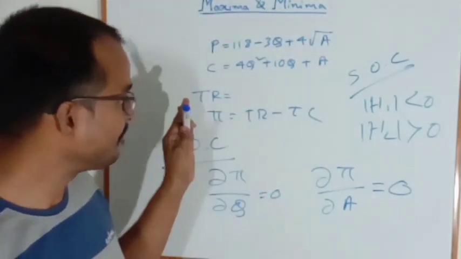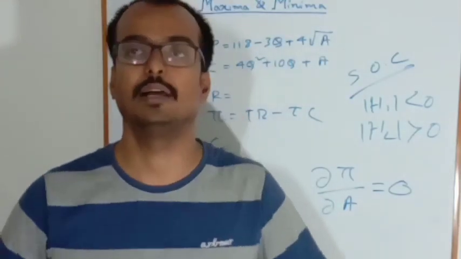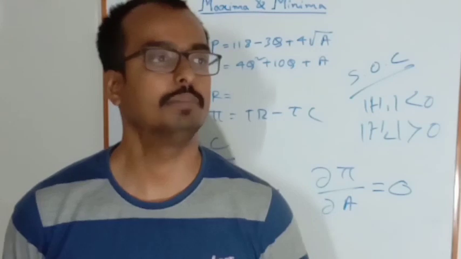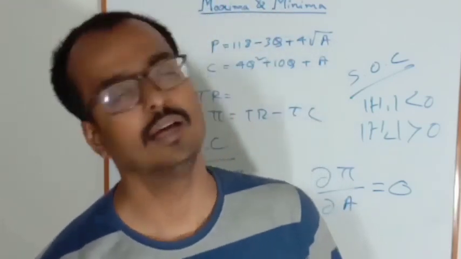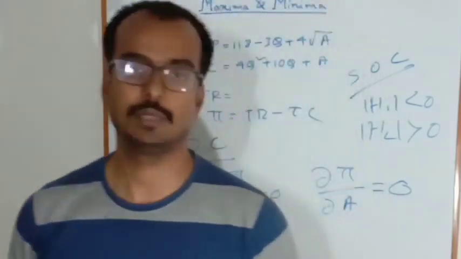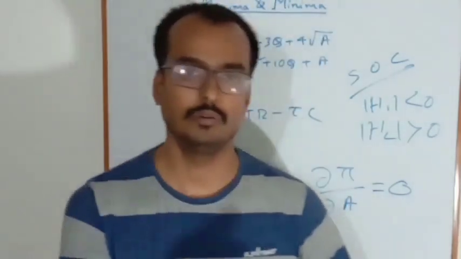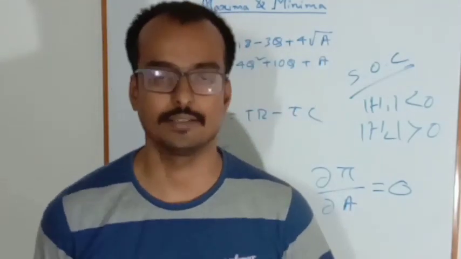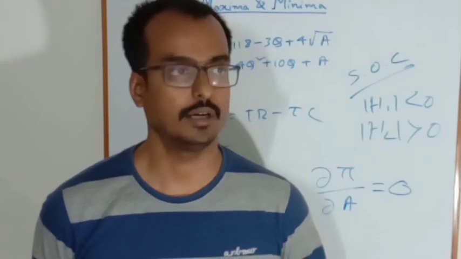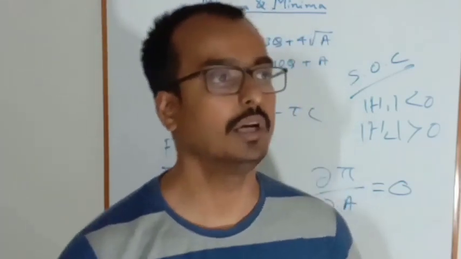So I have touched each part, every section of this multi-variable economic application, but I am not doing all the examples because that will take much more unproductive time. Why unproductive? Because you know how to solve, so going beyond this is unnecessary. This is the end part of this chapter.